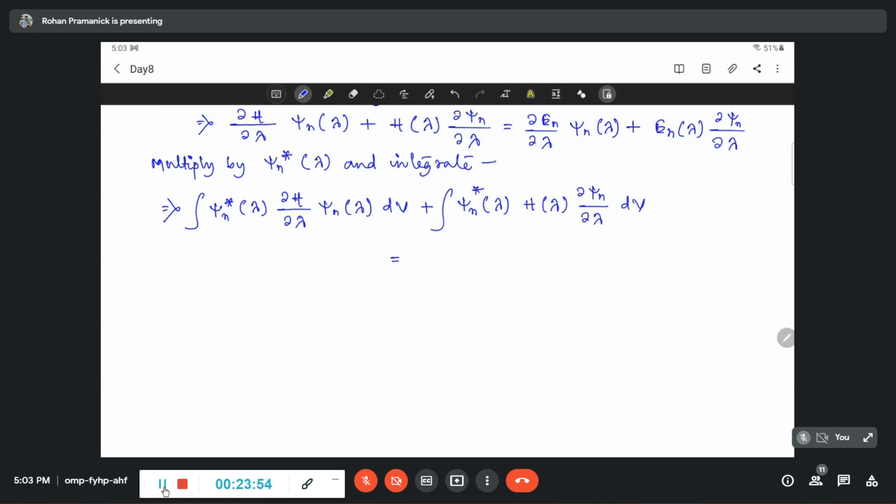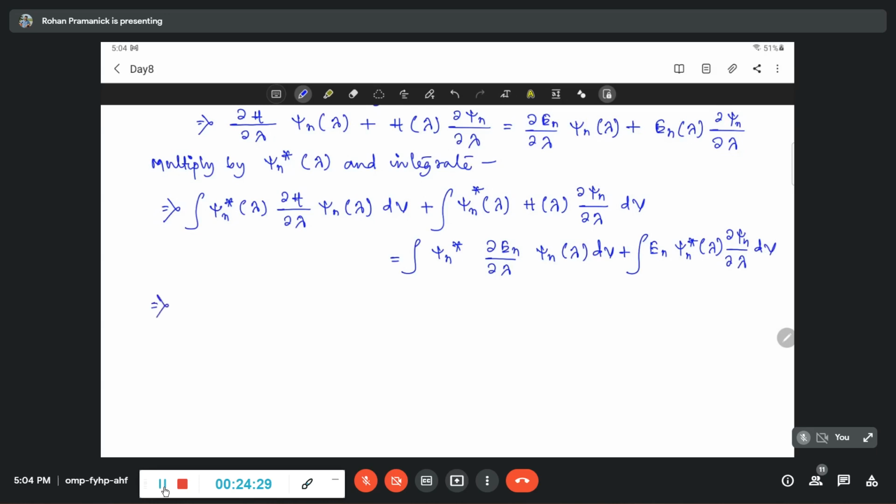On the right-hand side you integrate psi n star del En del lambda psi n lambda dv plus En psi n star lambda del psi n del lambda dv.